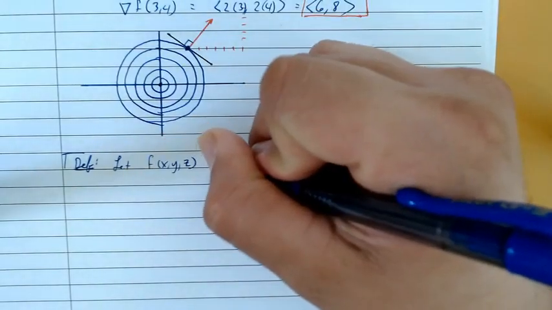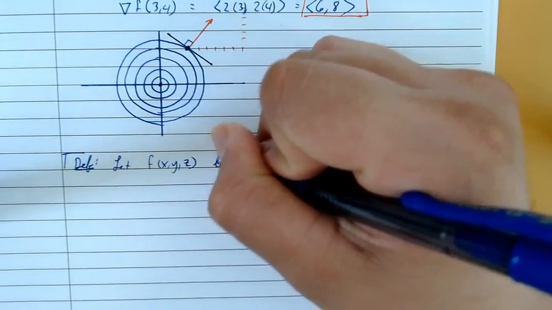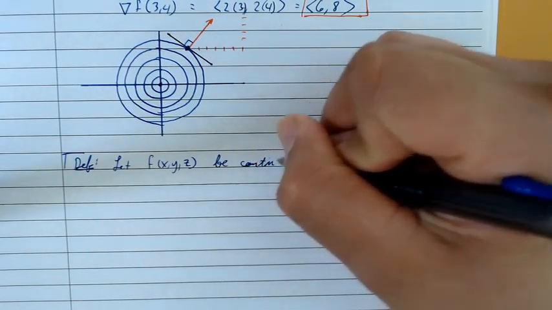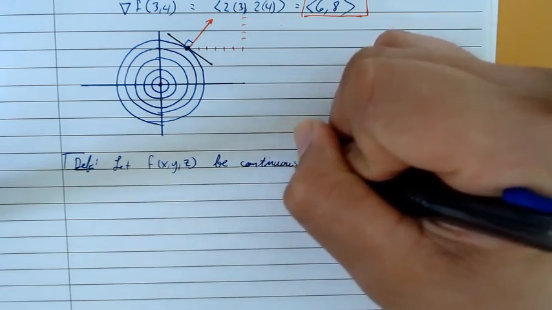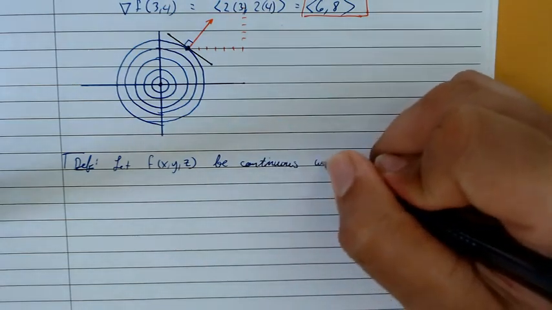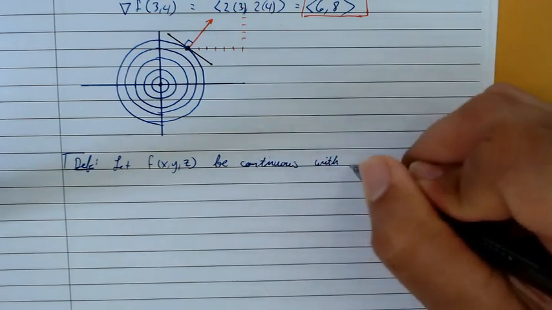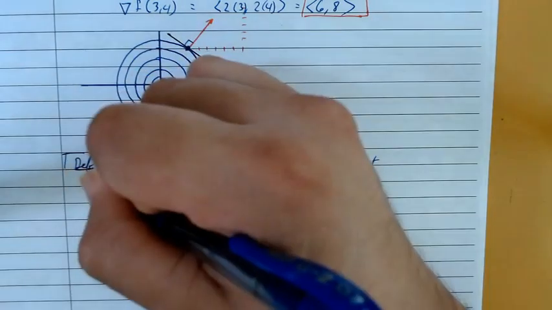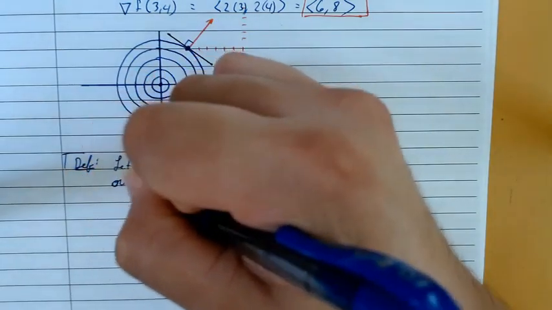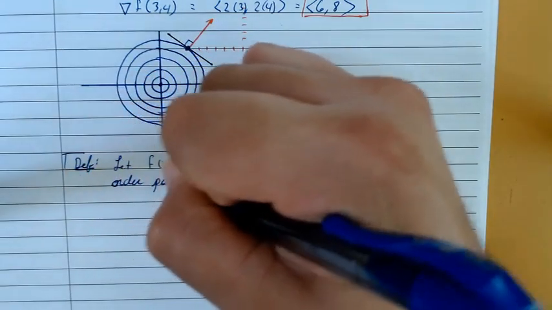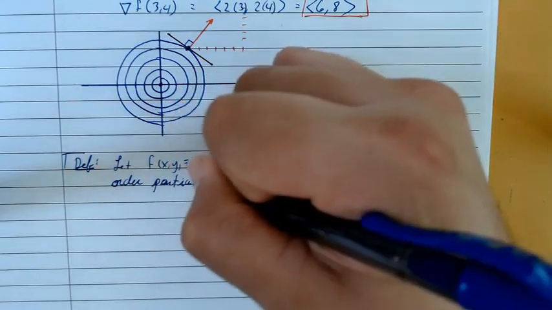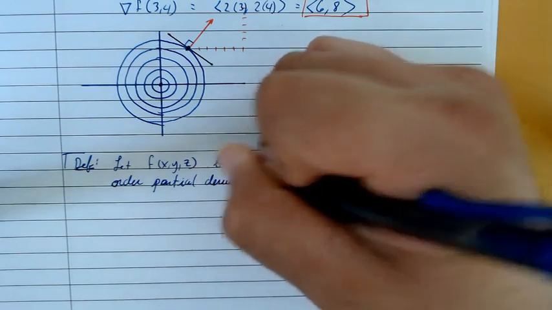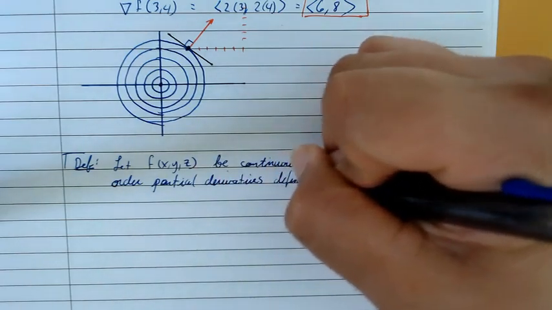Let f of x, y, z be a function that is continuous with first order partial derivatives defined.